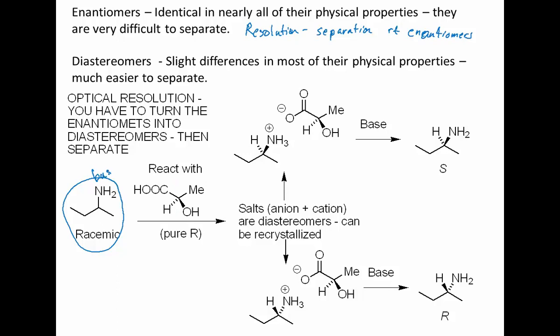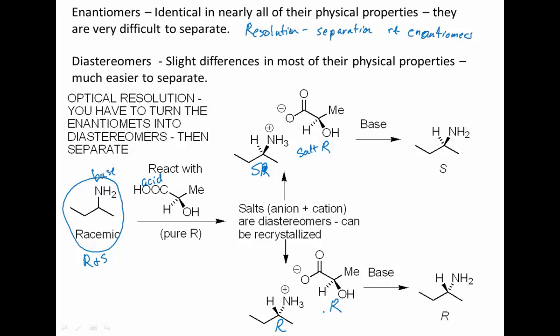The amine is a base, the acid is an acid, and we're going to form a salt. Since this is racemic, it's of course R and S, but this is only one. So the two salts that we form, we'll call this salt the SR salt, and this salt the RR salt.